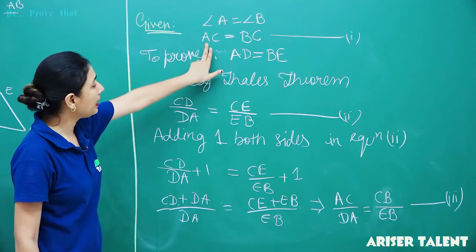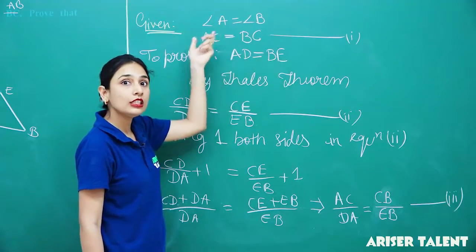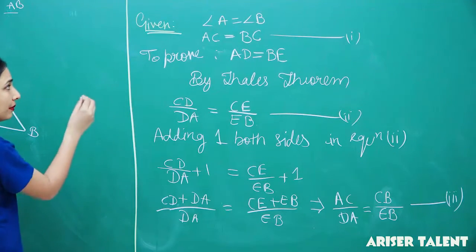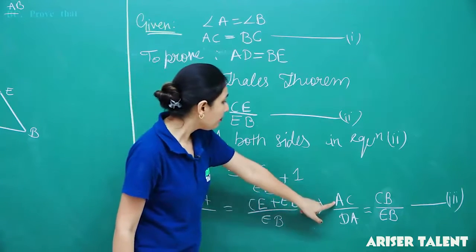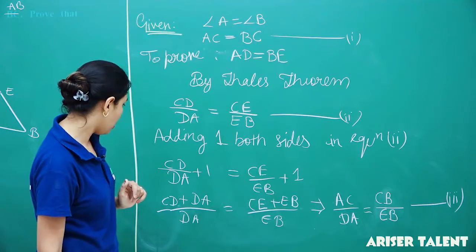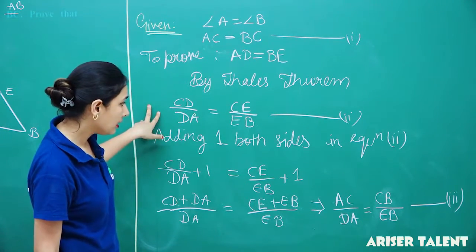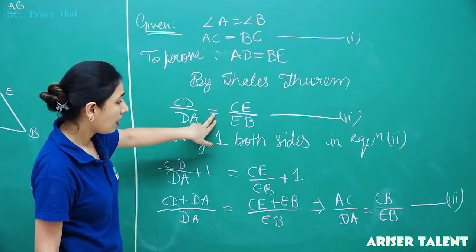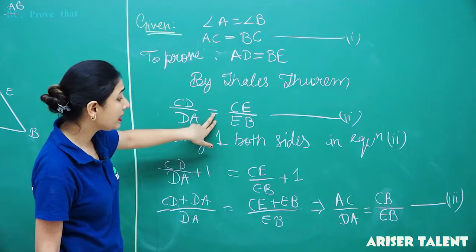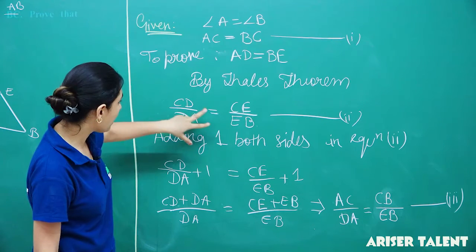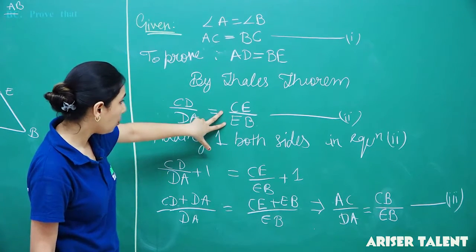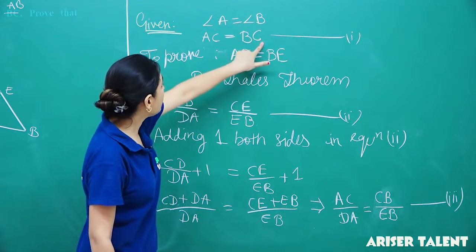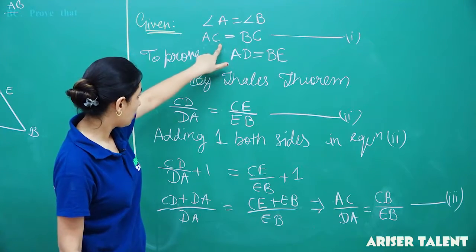We can replace AC by BC because these both sides are equal, okay. So can we replace AC by BC? Then it will become BC by DA. Now you can replace this BC by AC, okay.